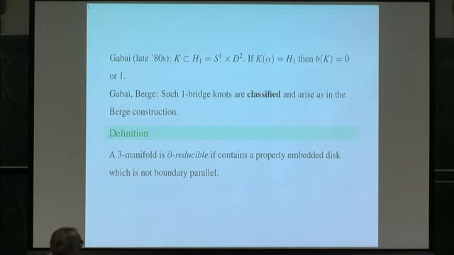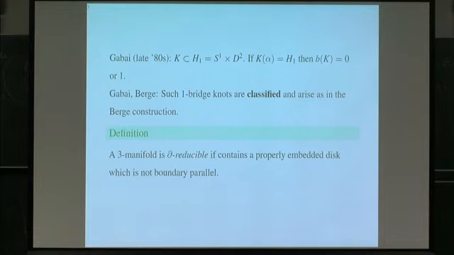And then Berge gave these examples of one-bridge knots in solid tori that admit solid torus surgeries, and you could see that these one-bridge knots that Gabai was talking about were exactly the Berge type, and so then you could classify exactly which of these knots, what the one-bridge knots were that admitted these solid torus surgeries.